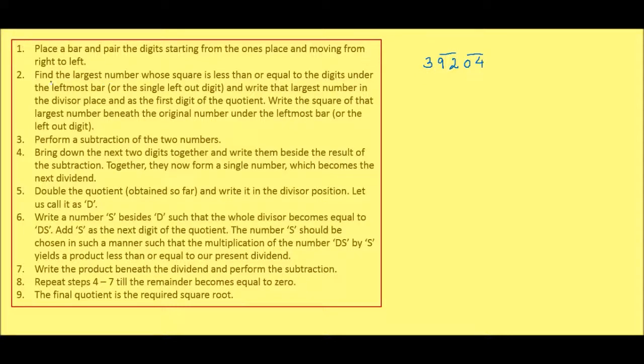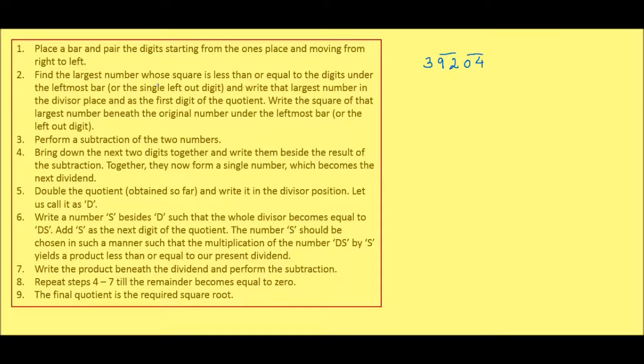So we have to find the largest number whose square is less than or equal to 3. 1 square is 1 and 2 square is 4. But 4 is greater than 3. Therefore, we cannot take 2. The largest number whose square is less than or equal to 3 is 1, because 1 square is 1 which is less than 3.